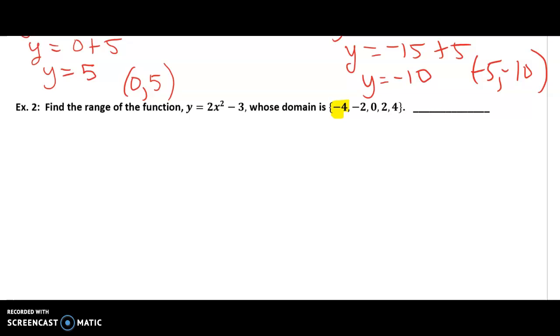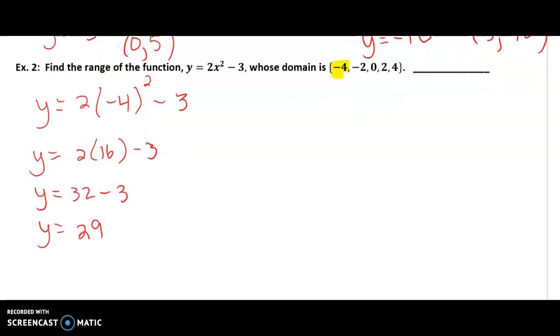We'll start with the first domain value of -4. We're going to plug -4 in for x and then evaluate. Make sure we remember to follow the order of operations here. When we do that, we get an output value of 29.